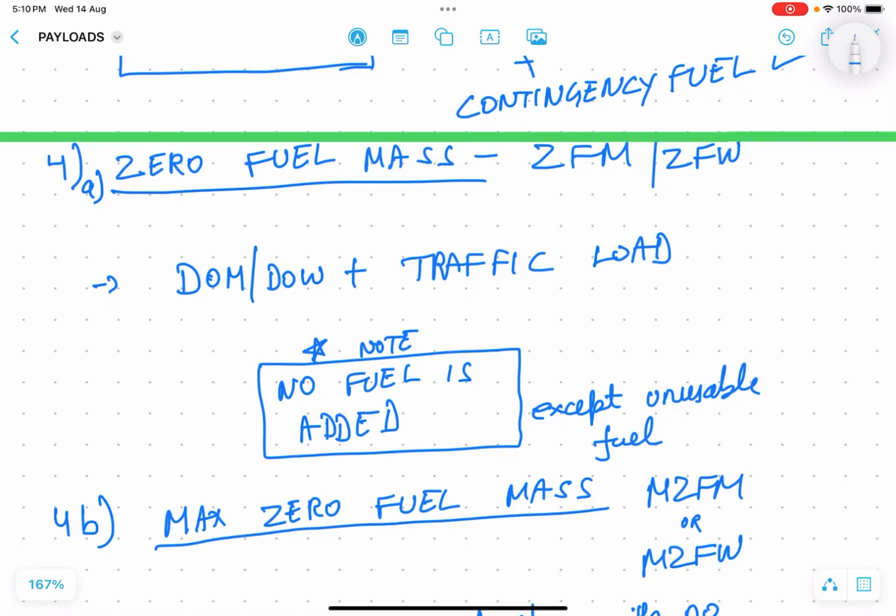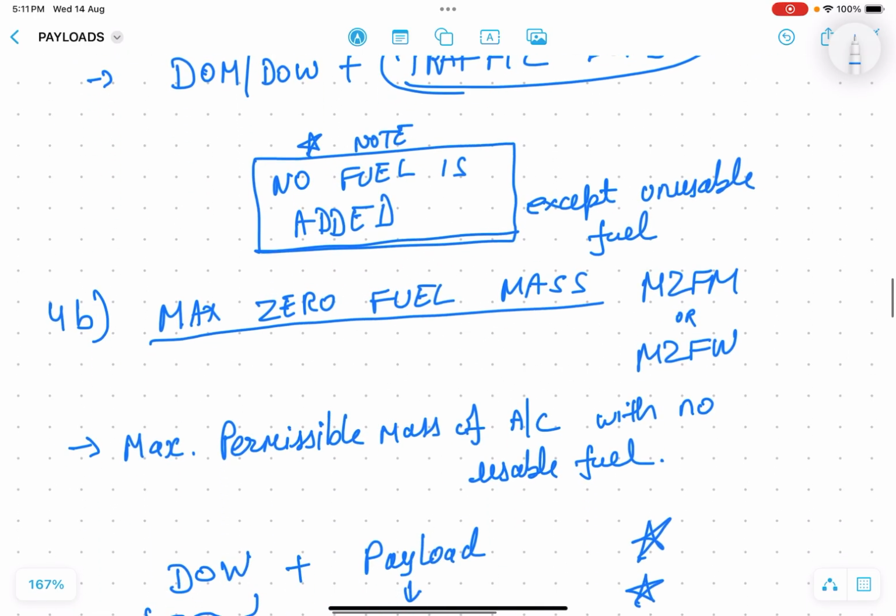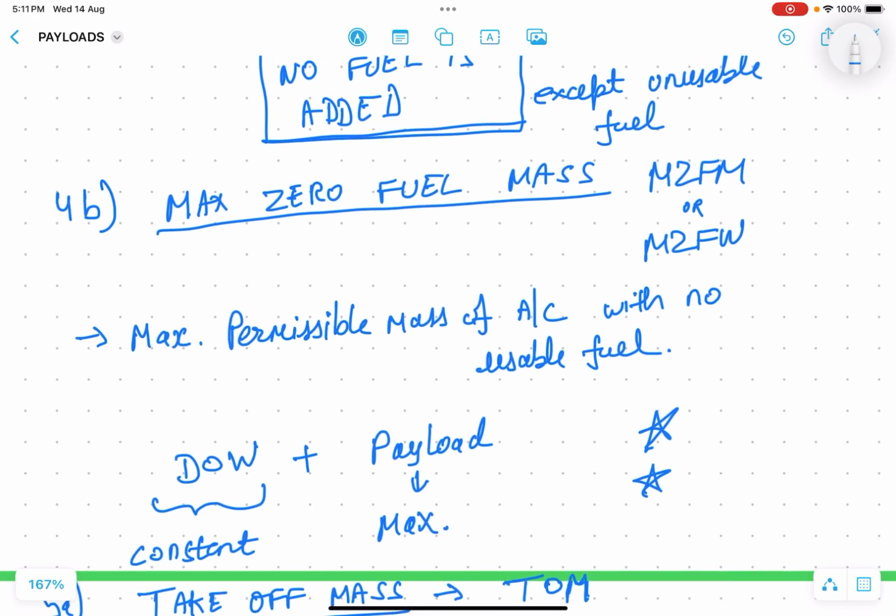The next definition is zero fuel mass. The moment when boarding is done but the aircraft is not refueled is called zero fuel mass. So no fuel is added but the traffic or the passengers have boarded the plane. Second is maximum zero fuel mass or maximum zero fuel weight. As the name suggests, it is the maximum permissible mass of the aircraft with no usable fuel.